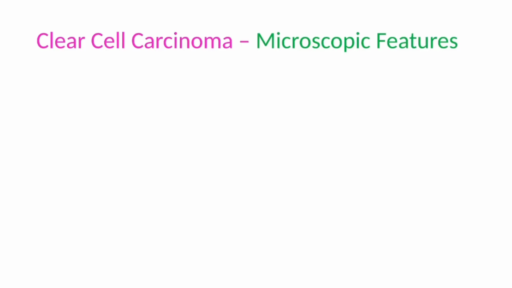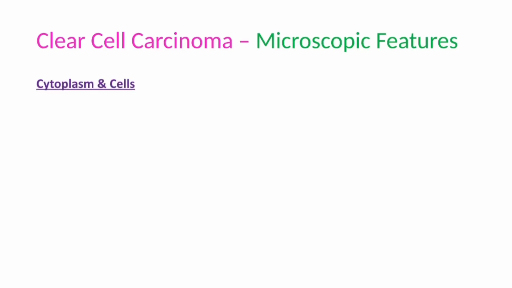Now microscopic features. Grossly we cannot differentiate serous, clear cell or endometrioid carcinoma, because it generally presents as a polypoidal growth or thickening of the endometrium or ulceration, etc.